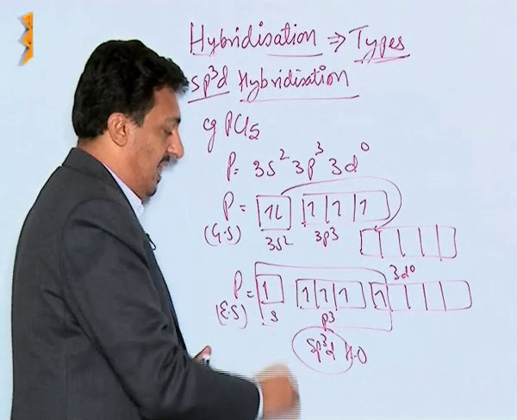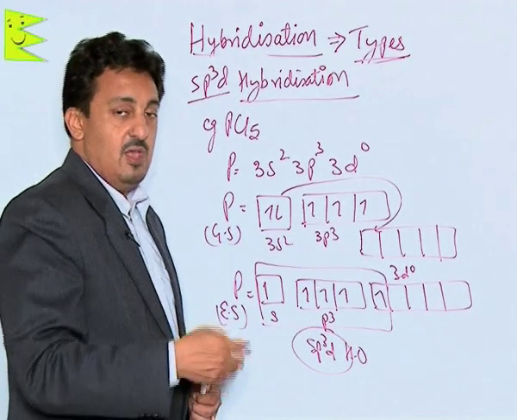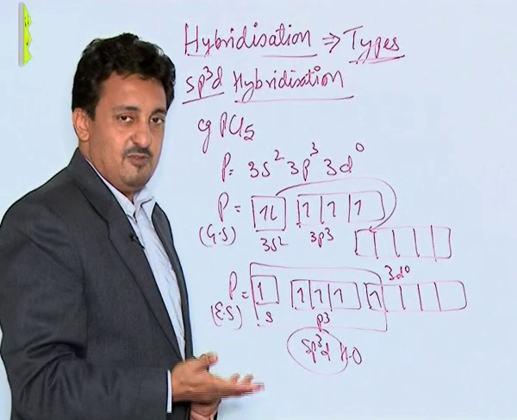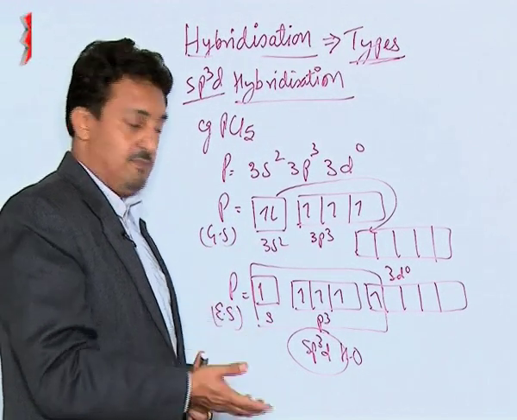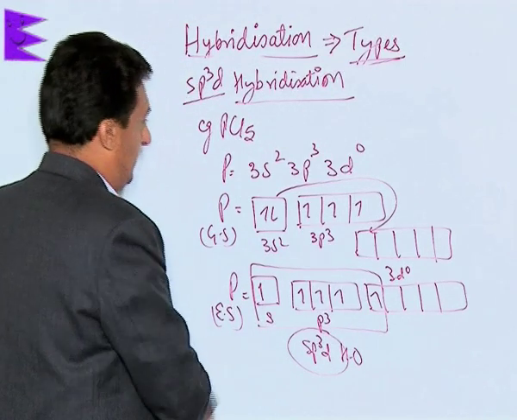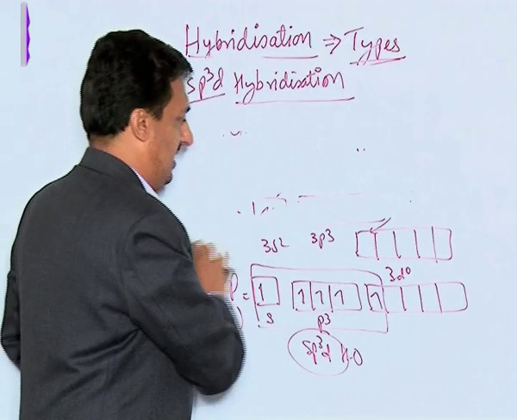So 5 combine, 5 new are formed. How are these arranged? As per valence shell electron pair repulsion theory, they will arrange themselves in a trigonal bipyramidal manner so that they can have minimum repulsion between the bonded pair electrons.